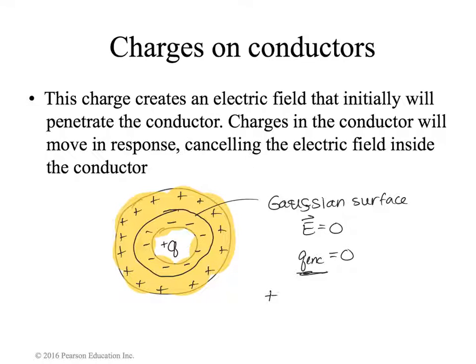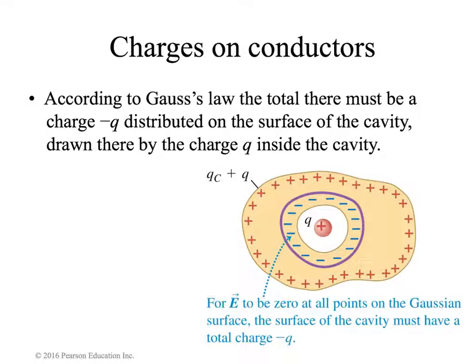And that means that plus Q, and if we add to that the negative charge on the inner surface, has to be equal to 0 for that to be true. So then that tells us that this charge on the surface is equal to minus Q. So it's kind of interesting when you think about it. And so that's what would happen to the conductor.